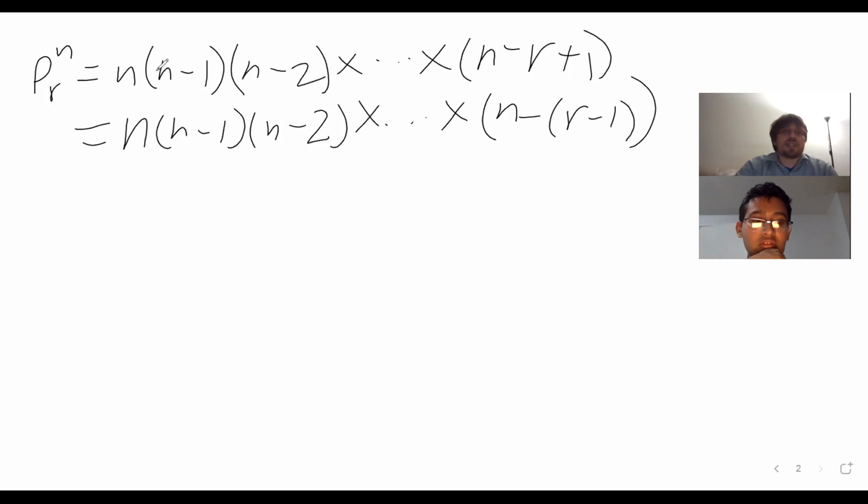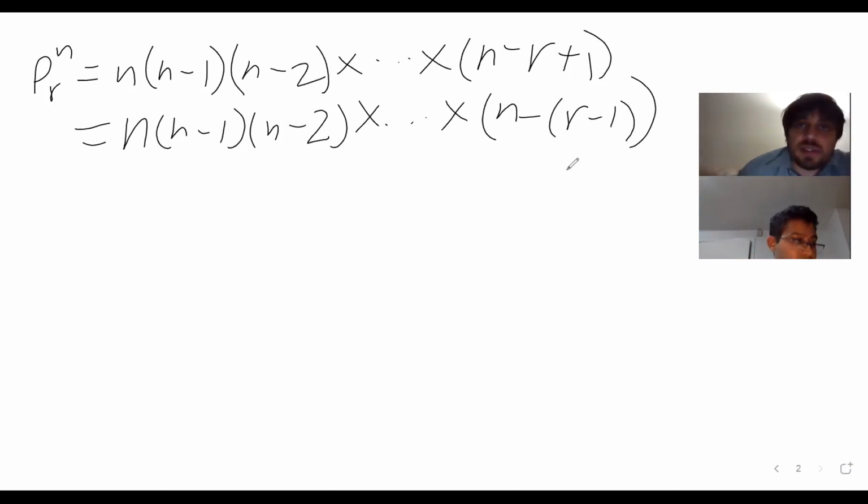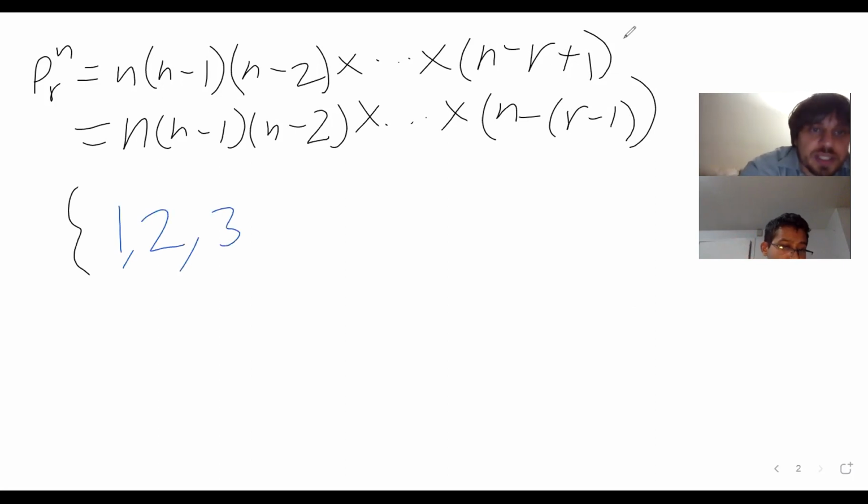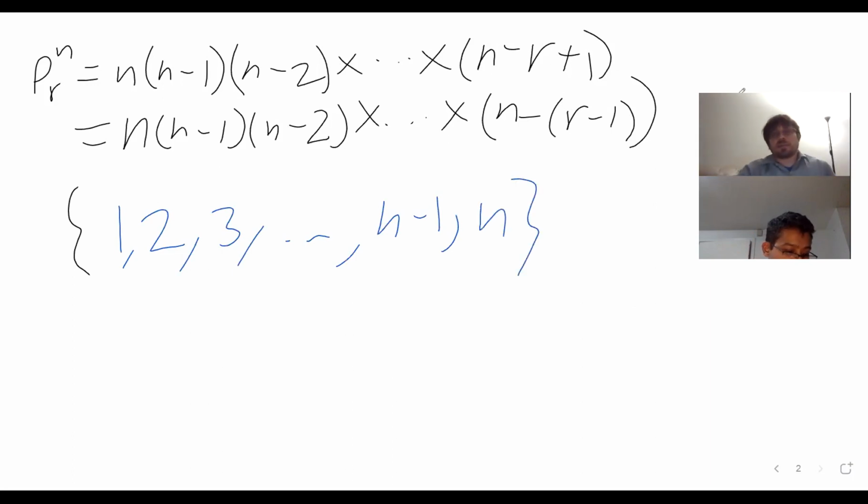Okay? And so if you have a set with n things in it, and you want to count the number of ways of choosing r of them, right?